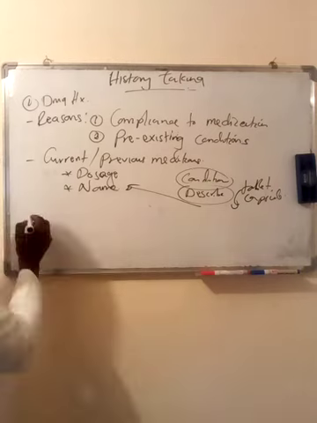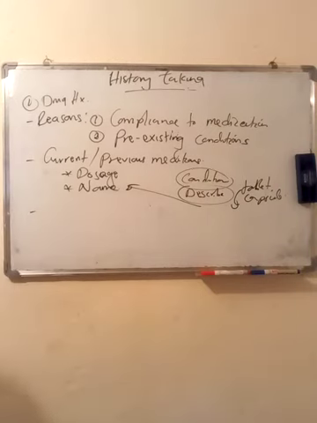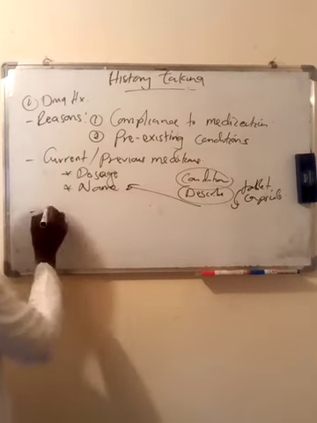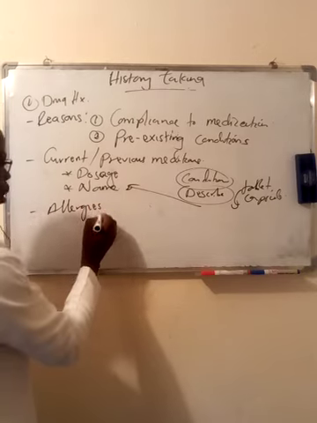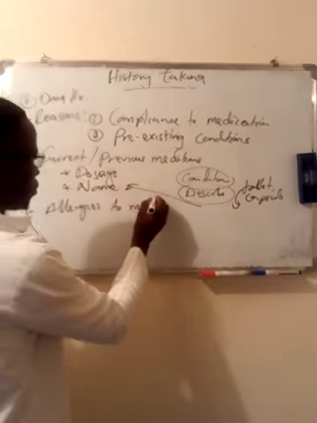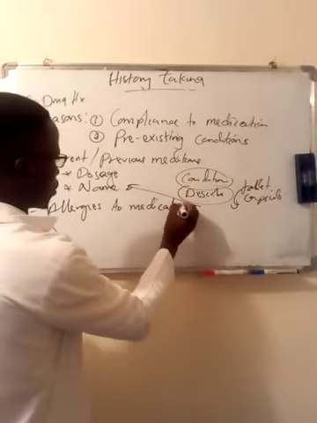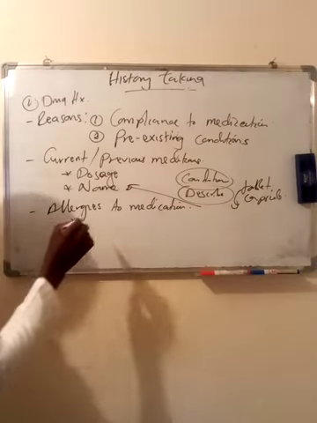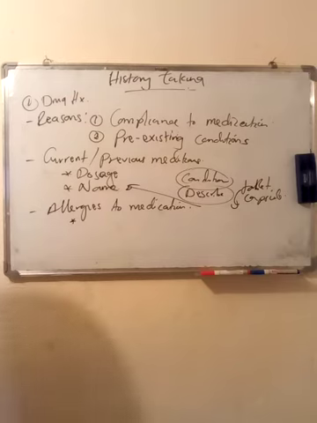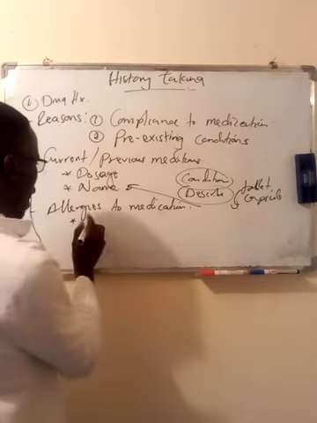Then the other thing that you want to ask about in drug history is allergies to medication. Some patients may be allergic to certain medications. The commonest example that I can give is aspirin.